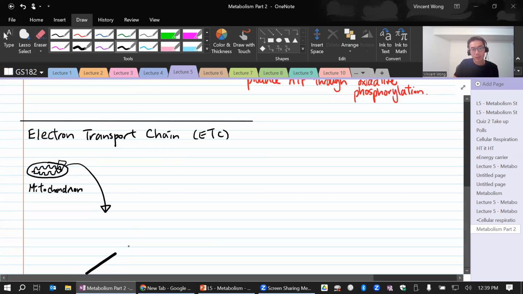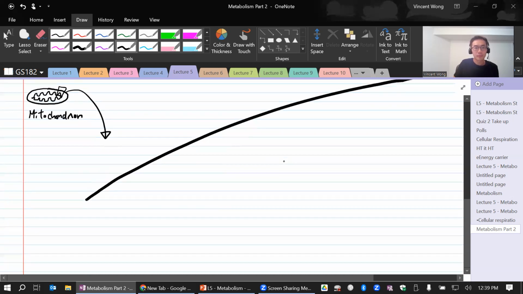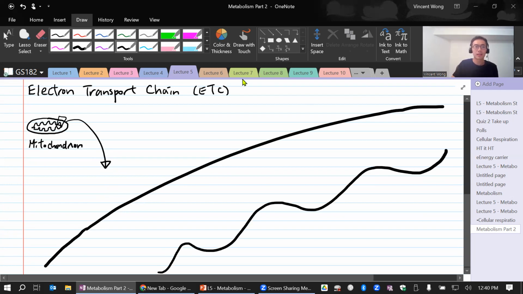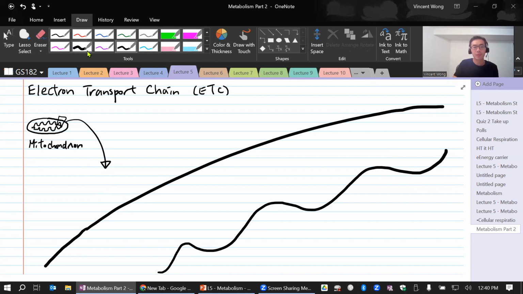So we have this one, and then we're gonna have this. Okay, I'll give you a moment to draw that. Remember, try to take up the whole page, because we're gonna add a lot of things to it. And I hope you have some colors as well. It will make the diagram easier to see.